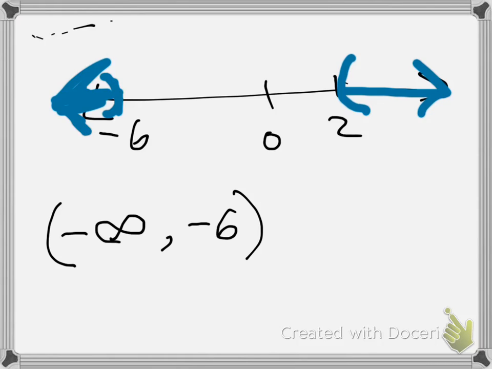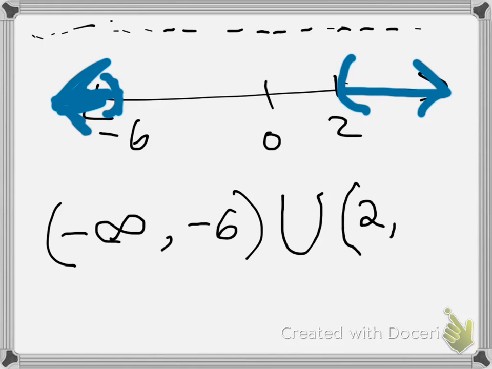And then we get some more, so it's going to be united, union, that's why we have a U. It's going to be united with, let's keep reading, values that start at 2, and then they never end, so it goes to positive infinity. So that's the interval notation for this set.